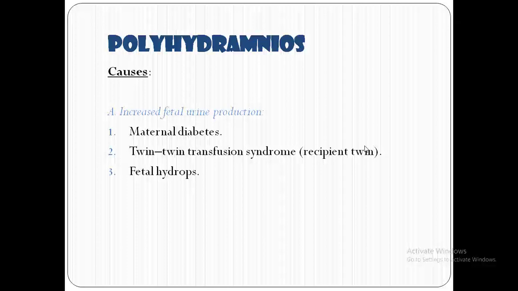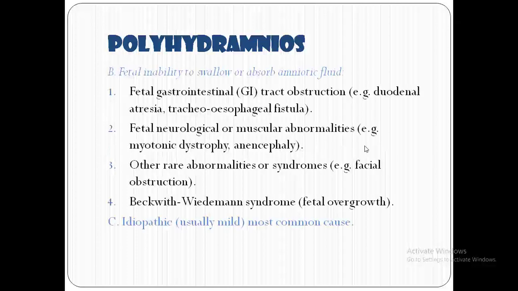There are causes related to increased fetal urine production, and these include maternal diabetes, twin-to-twin transfusion syndrome, and it can be seen in the recipient twin, and fetal hydrops or hydrops fetalis.